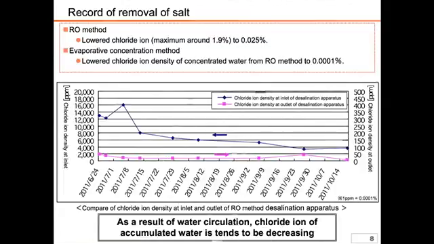At the beginning of the operation, chloride ion, which exceeds 10,000 ppm, was treated. Presently, approximately 4,000 ppm chloride ions have been treated. On the other hand, the density of the chloride ion treated by the water desalinations has been controlled to under approximately 50 ppm. We understand the treated water can be used as fresh water.